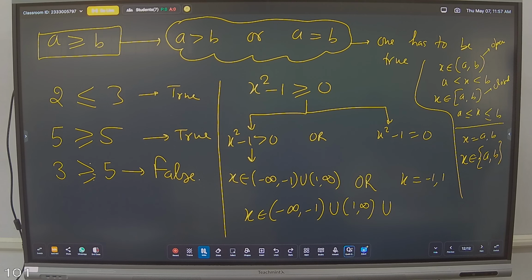This is also used for the inequality. But the only difference: this tells you between what numbers, the extremes we are leaving out. This says between what numbers, including this extreme also. And this says only the extreme. It does not include a and between a and b.